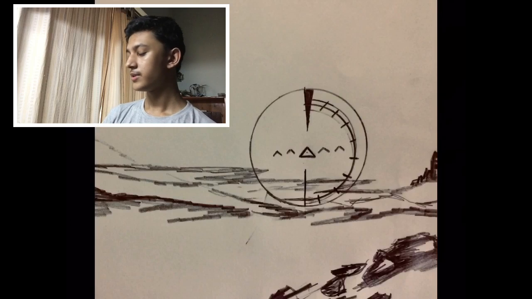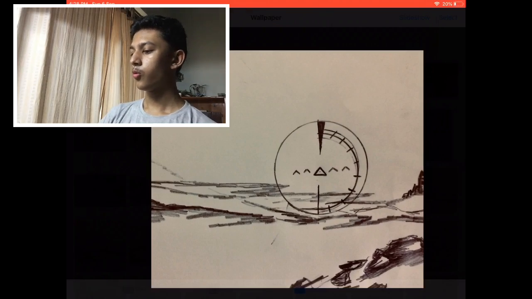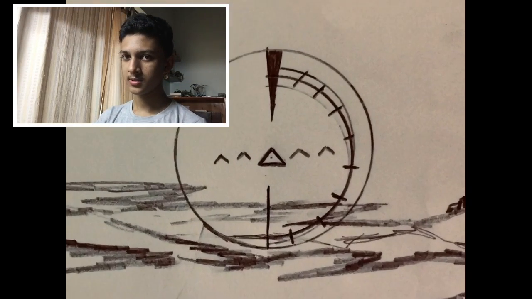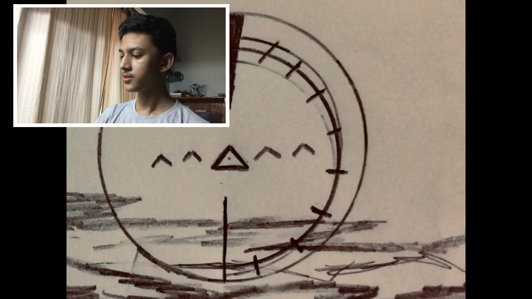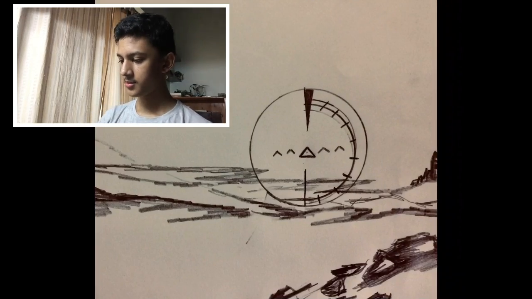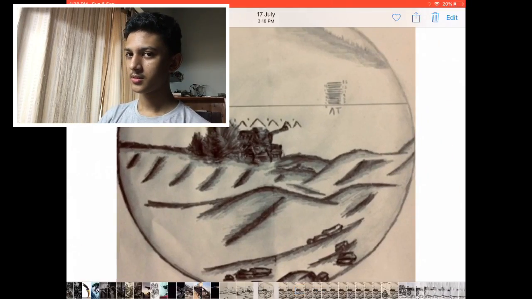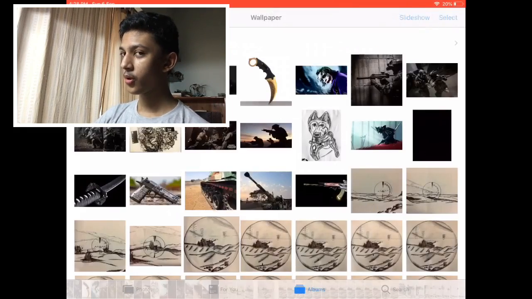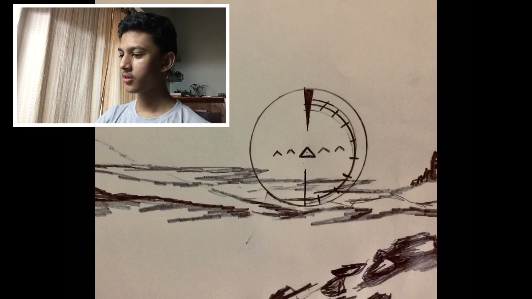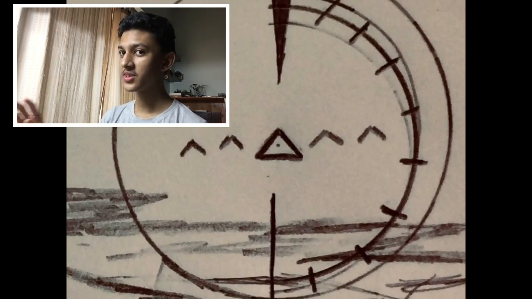First of all, why is there this ring? There shouldn't be a ring here. It should be like this. You see the ring, just the ring, not the outside, which is a problem. You shouldn't see all of this, just the ring and whatever is on that ring.